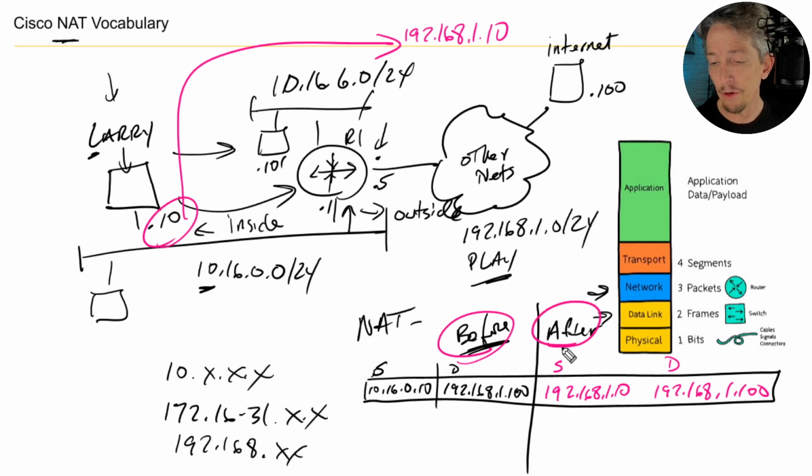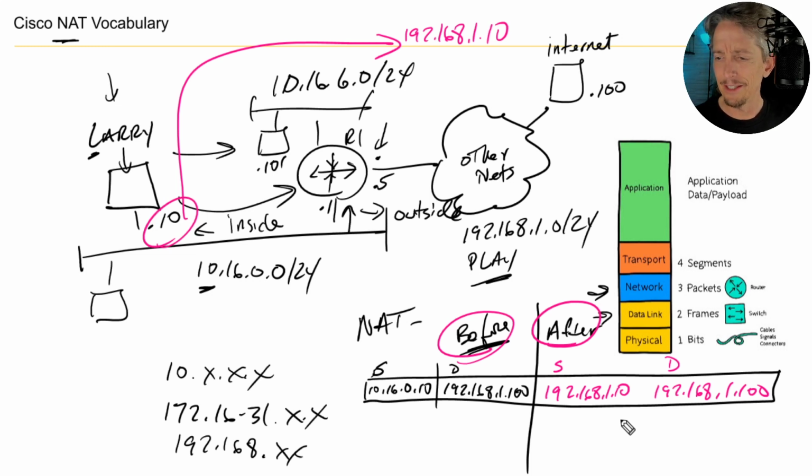Now look at this output real quick. What is being swapped out? What is being translated or changed from the before and after picture? Is it the layer 2 addresses specifically in this layer 3 header? No. And in this layer 3 information, what's being swapped out?